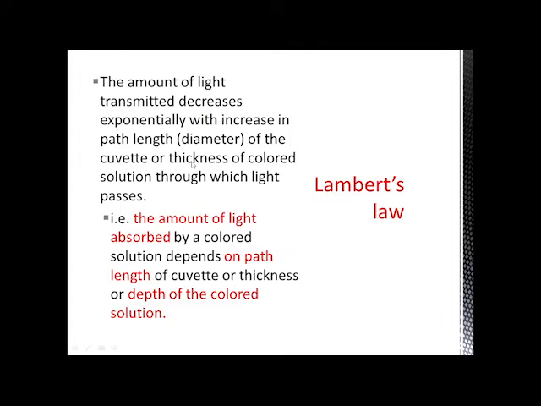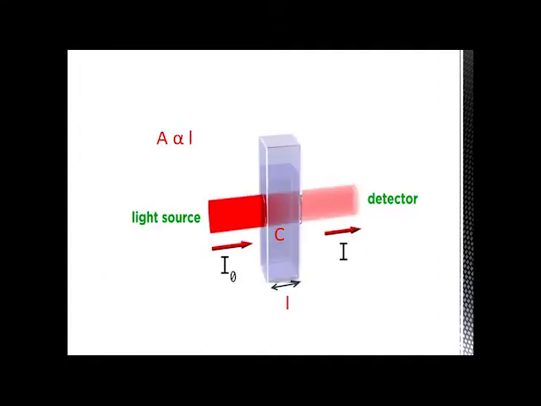Lambert's law states that the amount of light transmitted decreases exponentially with an increase in path length, or diameter of the cuvette, or thickness of the colored solution through which light passes. That is, the amount of light absorbed by a colored solution depends on the path length of the cuvette, or thickness or depth of the colored solution.